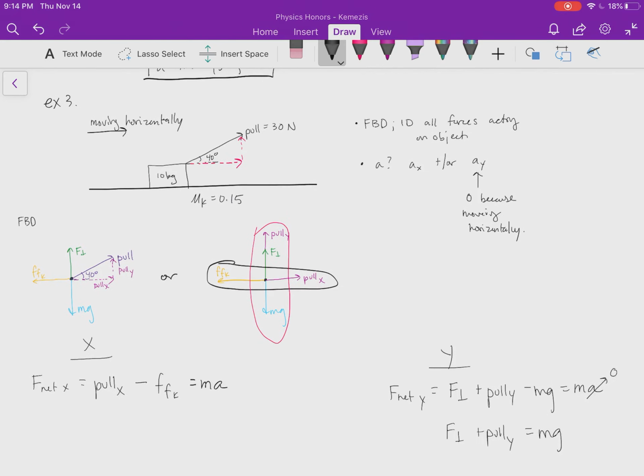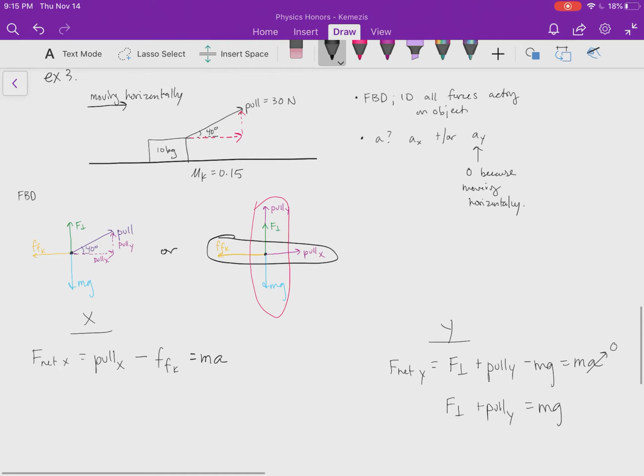Okay. If we come over here, it is possible that you could have a 0 acceleration in the x direction, but it is not guaranteed that that's what we have. So we cannot assume that the right side of this F net x is 0. So we have to go through this calculation with all of our numbers, right?